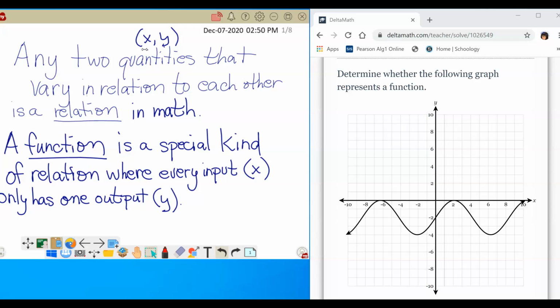So let's take a look at this graph right here. This is actually a sine wave graph. You're going to learn all about these in Algebra 2. But the important thing I want you to know about it is let's take a look at the inputs and outputs.